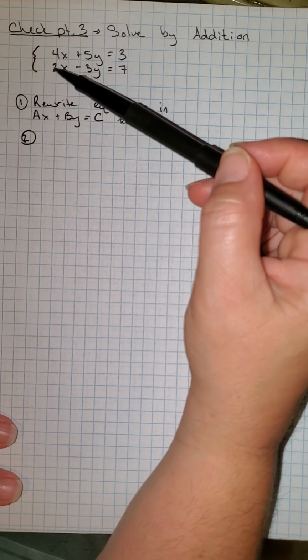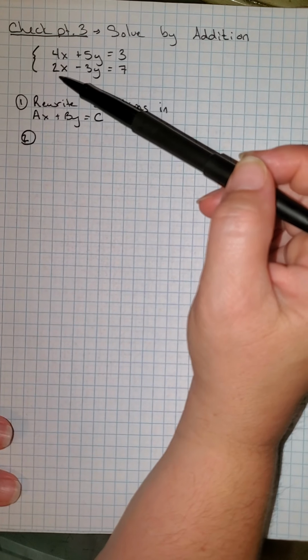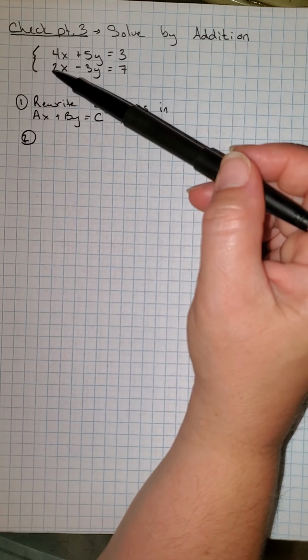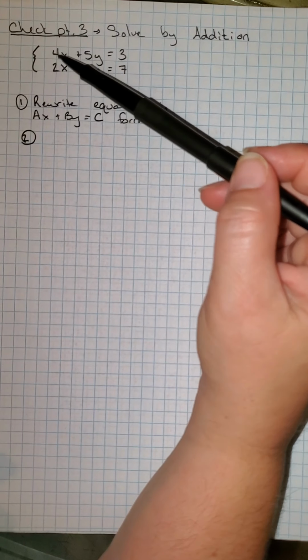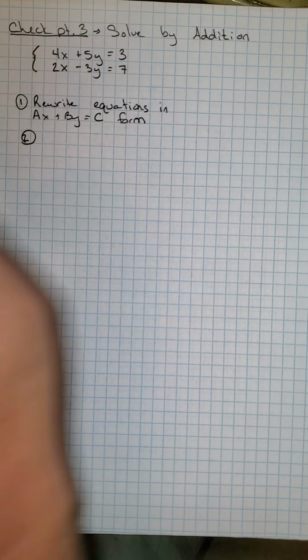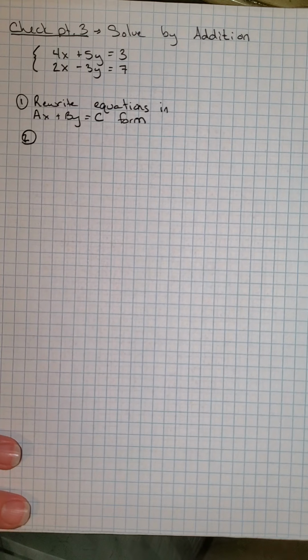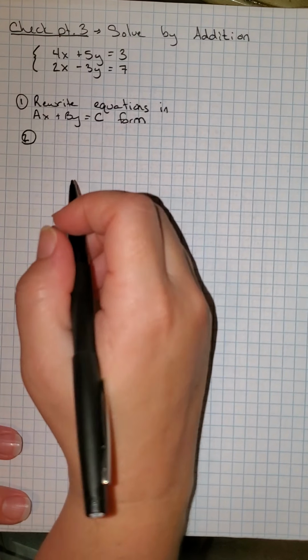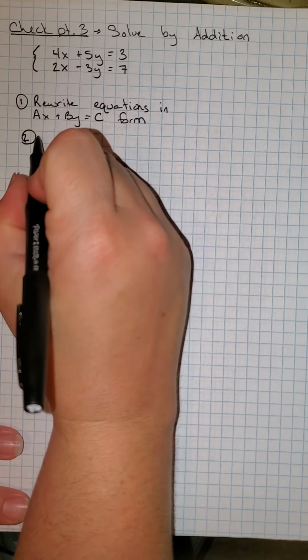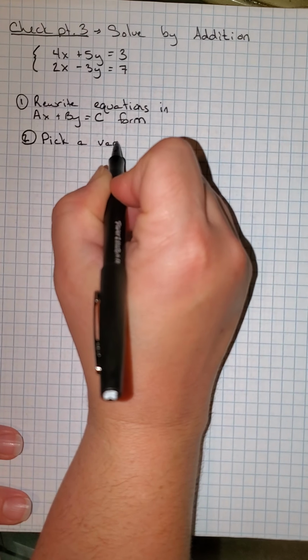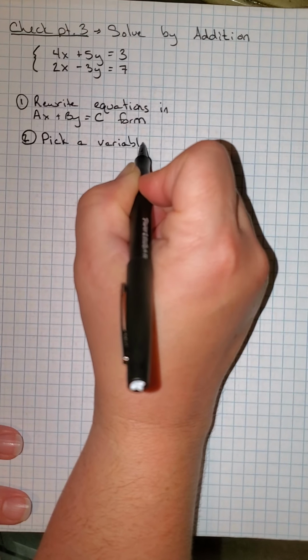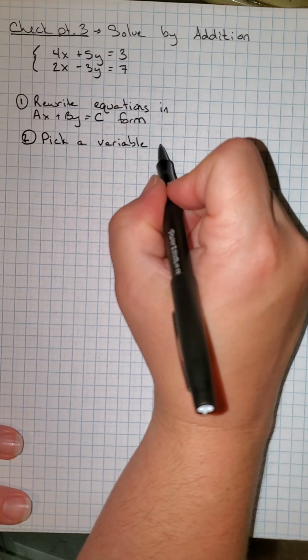Or, get rid of your x's, you have a 2 and a 4. They could both be 4. You just need to multiply this second equation by negative 2. 2 times negative 2 would be negative 4, and then the 4's could cancel out. So it doesn't matter. For step 2, you pick a variable to get rid of, to eliminate. That's why sometimes it's called elimination.